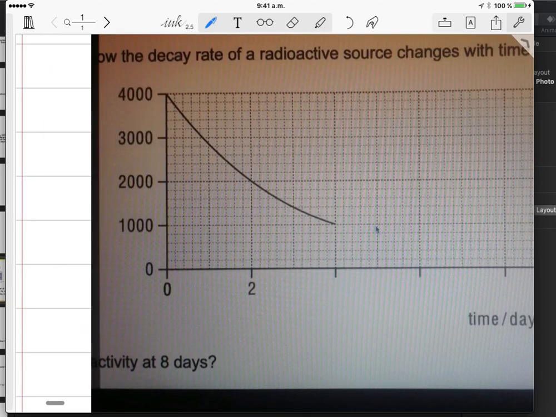After 2 days, look, in 2 days we have a count of 2,000. In 4 days, I mean 2 days more after, we have 1,000. So look at the half-life between 0 and 4 days, in 2 days it's going to be 2,000.